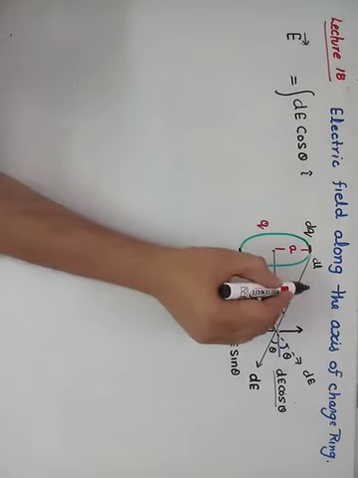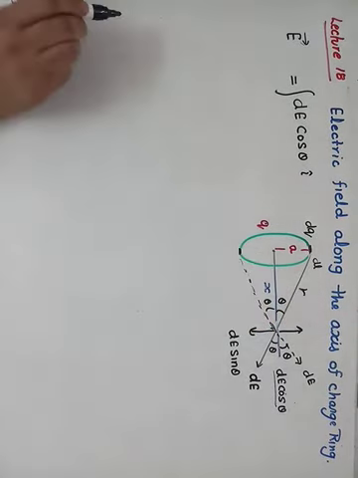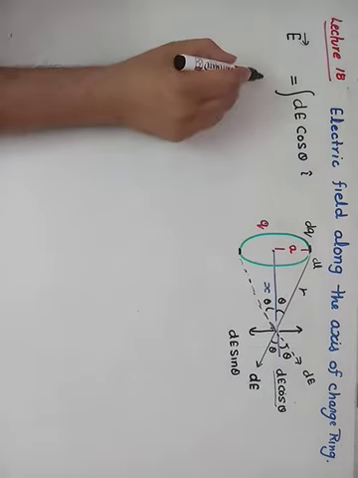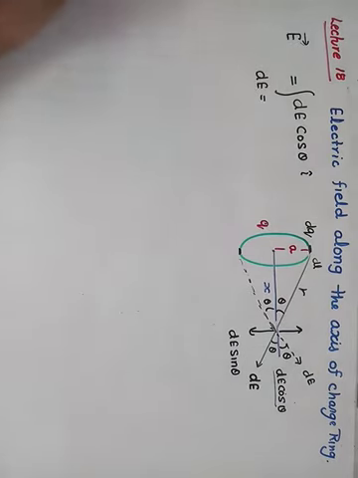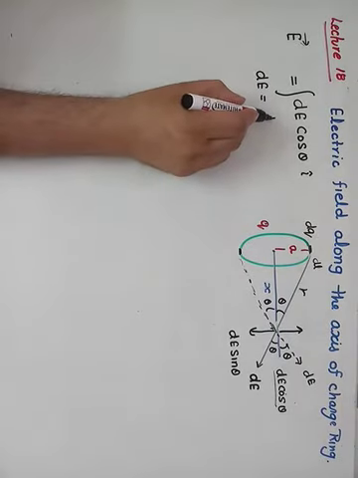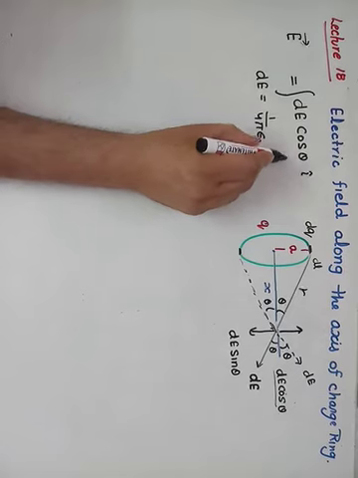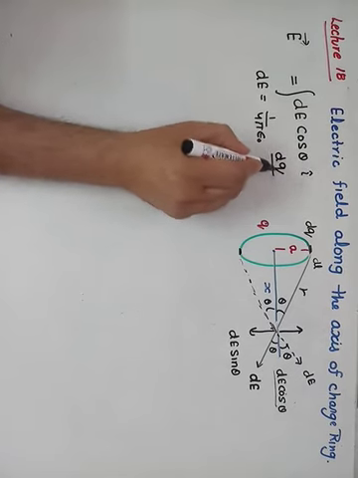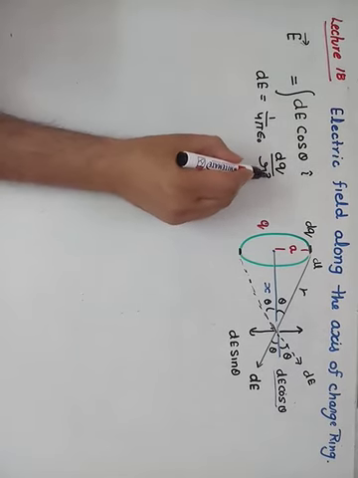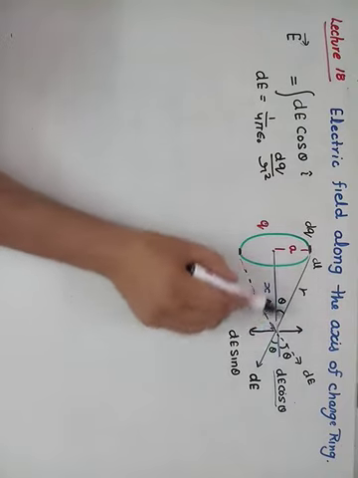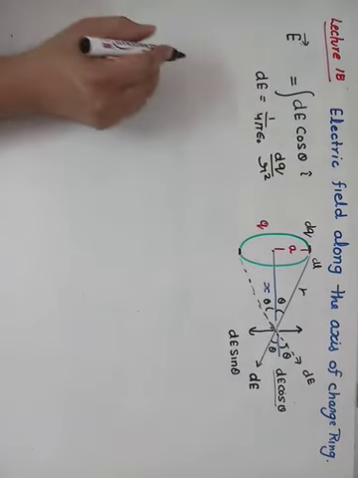This is x, this is a, let this distance be R. What is dE? dE is the small electric field, which is given as 1 upon 4 pi epsilon naught, charge dq by R square. The distance is R, always from this positive charge, this dq.